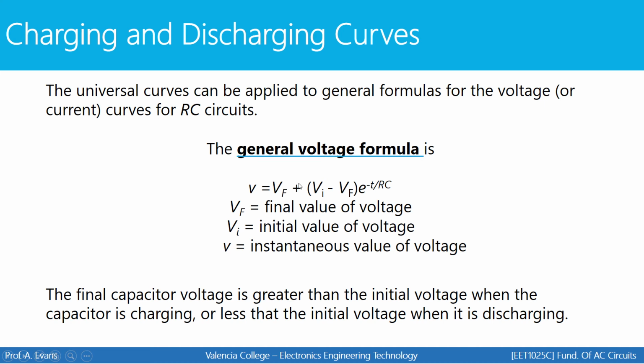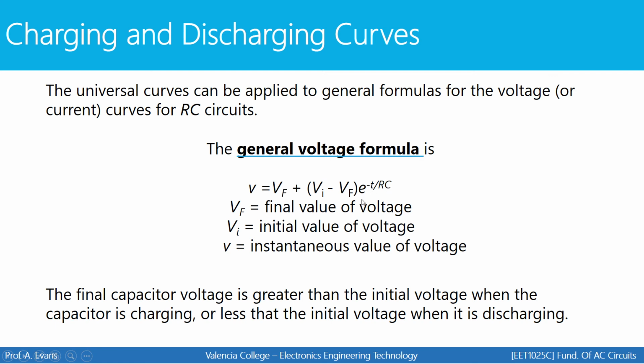Notice that within this equation, we're saying that the instantaneous value, so the voltage at a specific moment in time, is equal to your final voltage plus your initial voltage minus your final voltage as a quantity times e. Now this is the constant e. So that's e raised to the power of negative t, that's how much time has passed, divided by RC. That's your time constant.